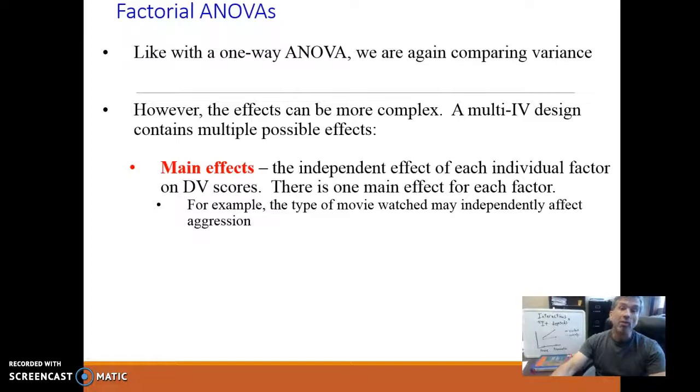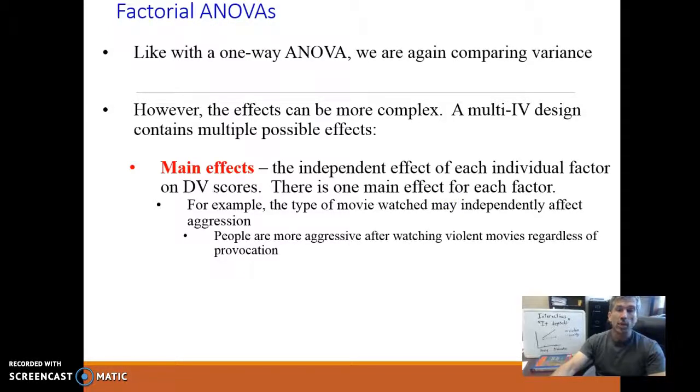Now, we could see a main effect for movie type. A main effect for movie type suggests that the type of movie people watch independently affects aggression, meaning regardless of whether they were provoked or praised, just across the board, people that watch certain kinds of movies were more aggressive than people who watched others. So for example, you might find people are more aggressive after watching violent movies compared to the other movie conditions, but just across the board.